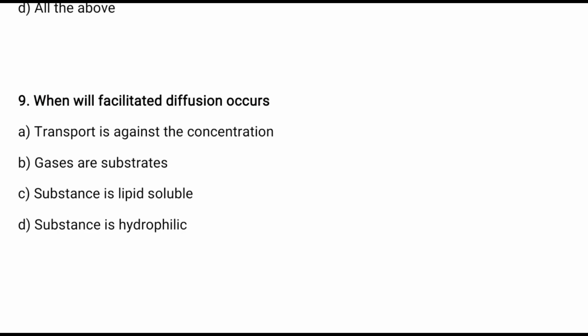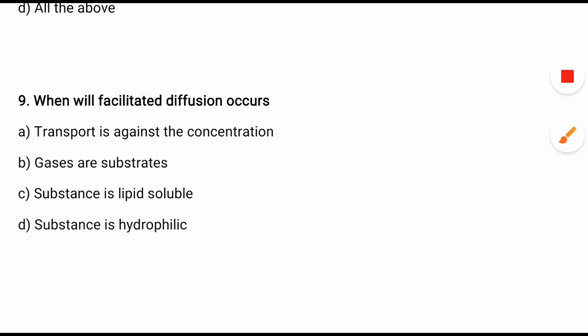Those don't involve living systems. So diffusion occurs in non-living systems also, and that is called simple diffusion. That is a slow process. Another diffusion method is called facilitated diffusion.